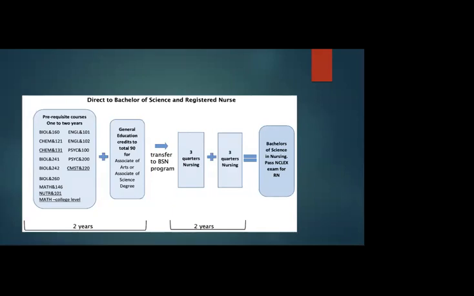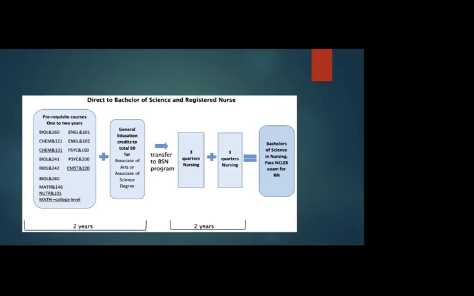The 2 years here assumes that you're taking classes full-time. So it might take closer to 3 years if you're taking classes part-time to complete your Associates of Art or Associates of Science degree. And then another 2 years in the nursing program to then get your Bachelor's of Science in Nursing.